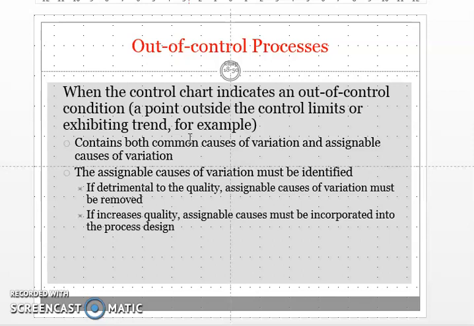The assignable causes of variation must be identified. They are detrimental to quality and must be removed. If quality is to be increased, assignable causes must be incorporated into the process design.